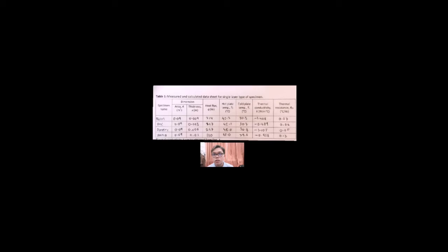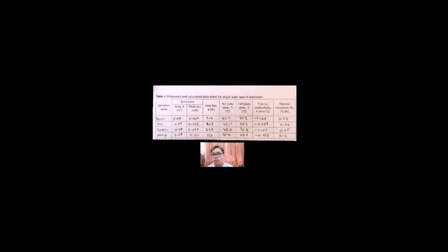And then we go for Duratec, the heat flux is 247, hot plate is 45.0, cold plate is 30.8, the thermal conductivity is negative 0.005, thermal resistance is 0.05.